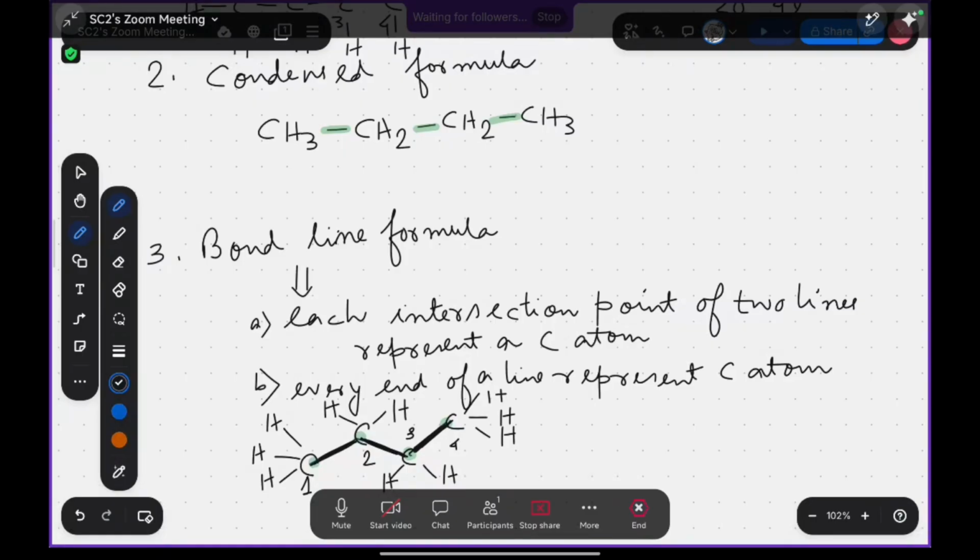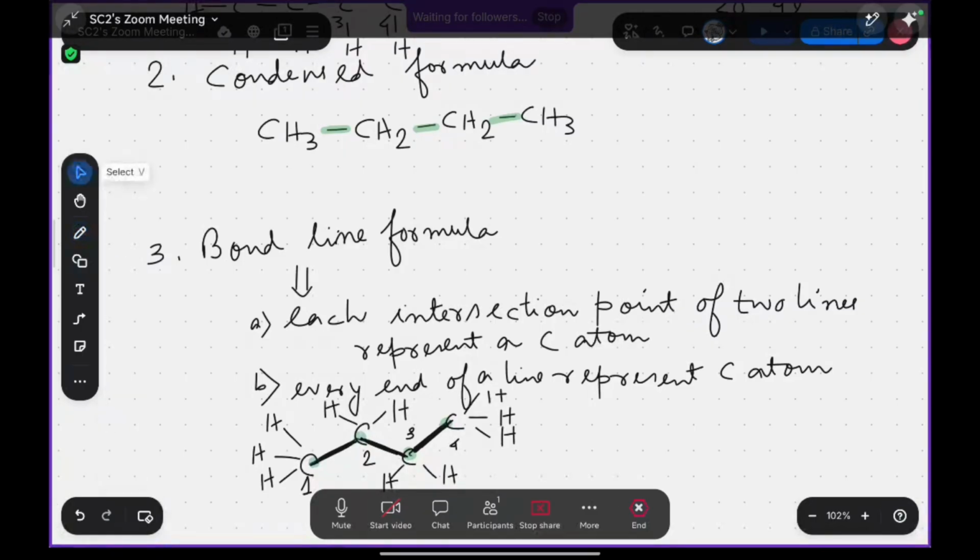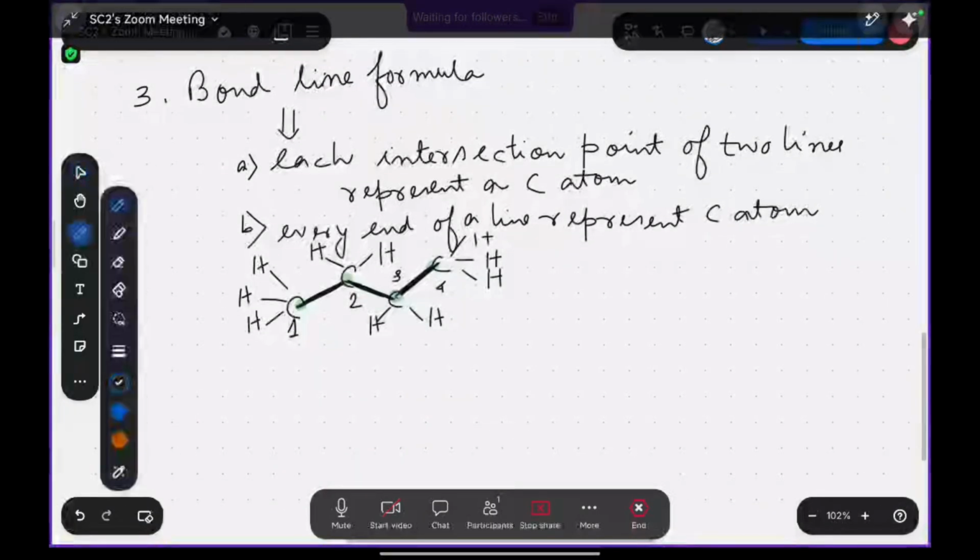You will understand simply. Suppose I want to represent, for example, pentan-2-ol: CH3, CH2, CH2, CH, OH, CH3.